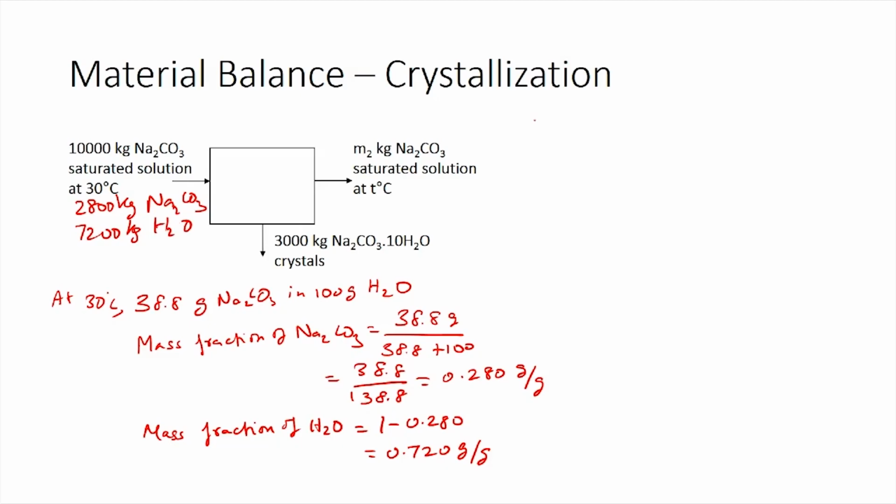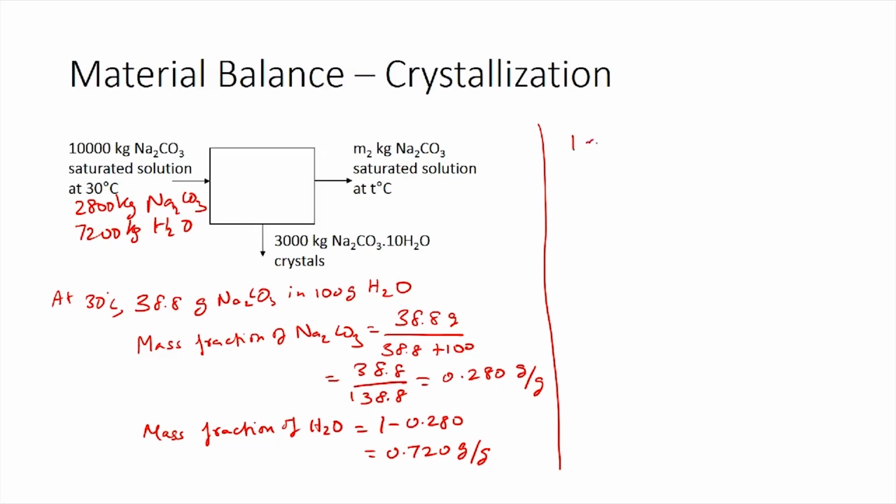So, the next step is to identify the mass fraction of Na2CO3 in your exit streams. The first exit stream is the crystal. Although this is only the solids, this also contains water, which is the water of hydration. You can see that every mole of Na2CO3 is accompanied by 10 moles of water to form the crystals. So, 1 mole of crystal basically contains 1 mole of Na2CO3 and 10 moles of water.